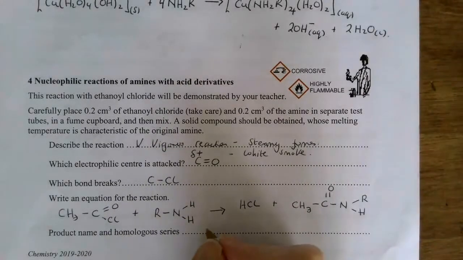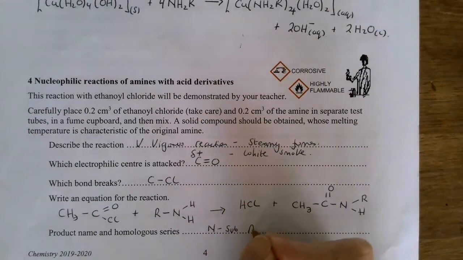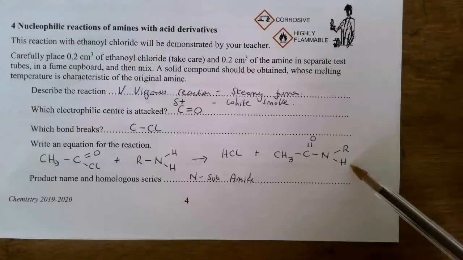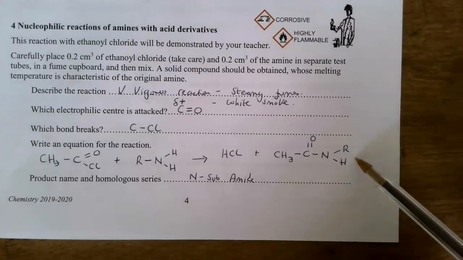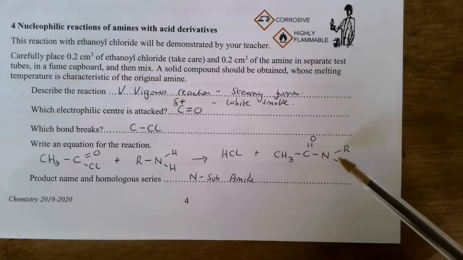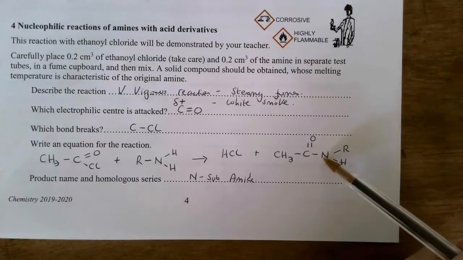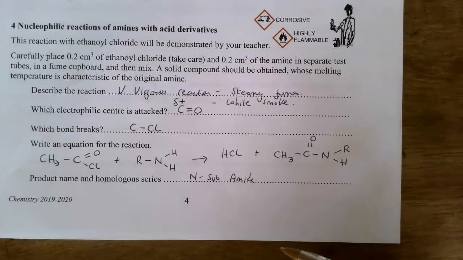So you get an N-substituted amide. So this is my product. This is what we call an N-substituted amide. It's called N-substituted because there is an R group here substituted directly onto the nitrogen.